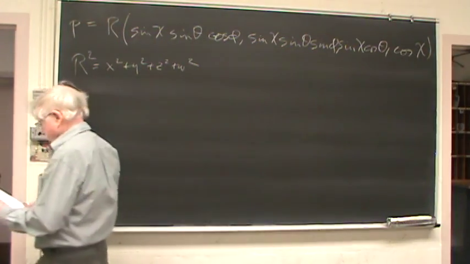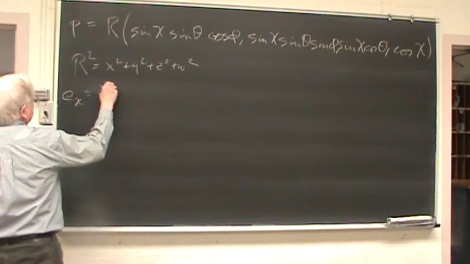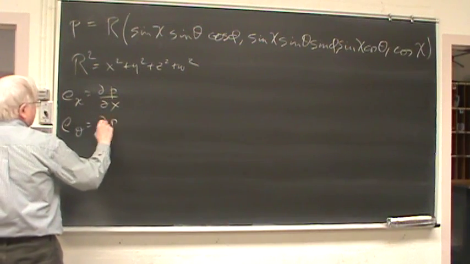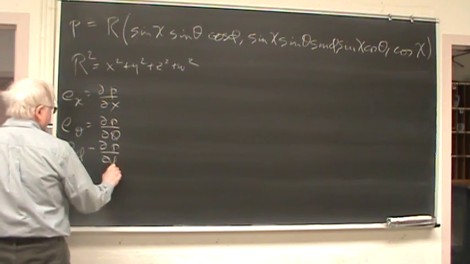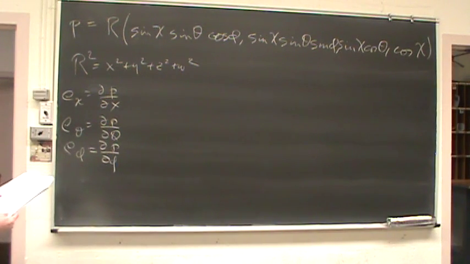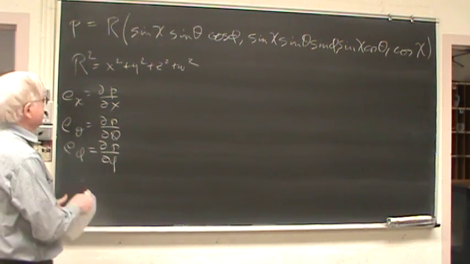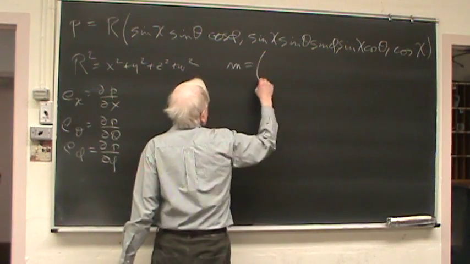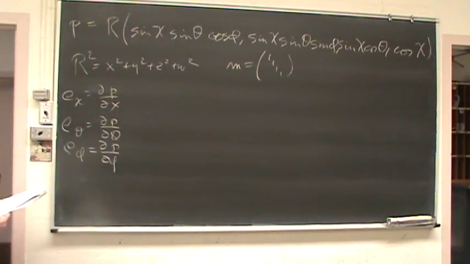And you can compute the vectors: e_χ is ∂P/∂χ, e_θ is ∂P/∂θ, e_φ is ∂P/∂φ. I think I did these last time. If we choose the metric 1, 1, 1, 1, we get just the ordinary three-sphere.